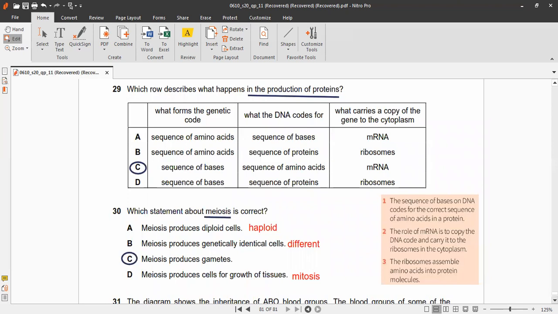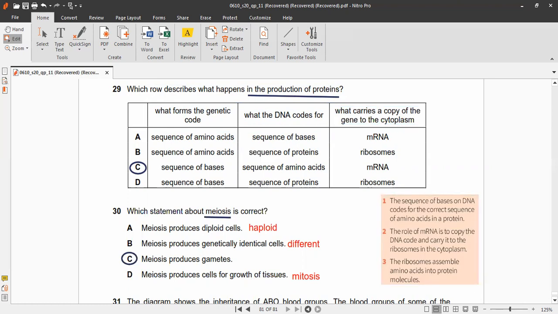Finally, the ribosome assembles amino acids into protein molecules. So the correct answer is C. What forms the genetic code? The sequence of bases forms the genetic code, codes the correct sequence of amino acids in the protein, and messenger RNA carries a copy of a gene to the cytoplasm.